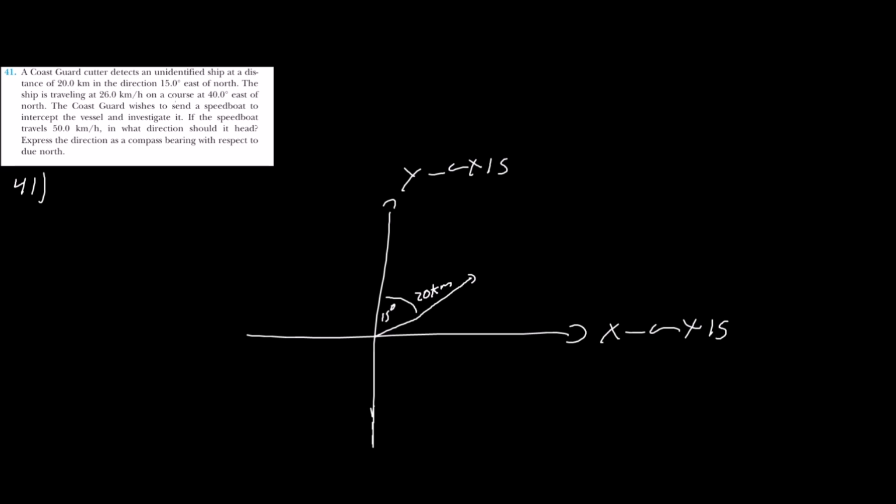The ship is traveling at 26 kilometers per hour, on a course of 40 degrees east of north. So now you're going to have a ship that's going to angle a little further down, I guess. I know I didn't do it that well, but that's okay. And that's going to be 40 degrees, and it's traveling at 26 kilometers per hour.